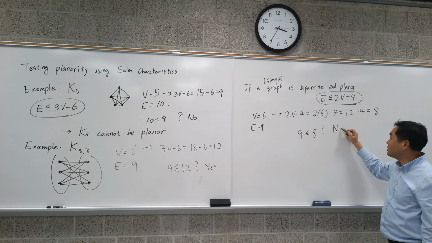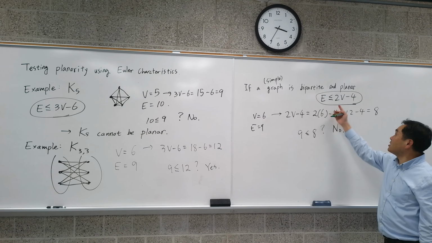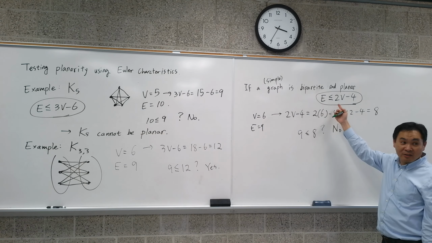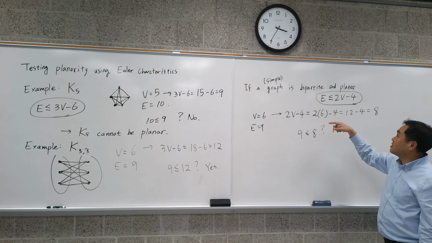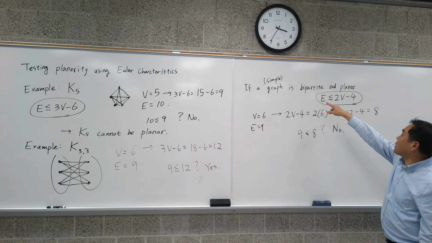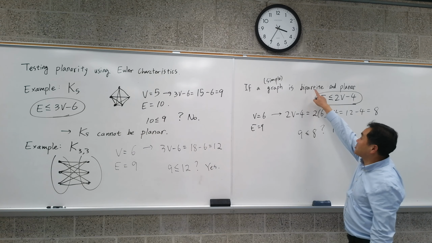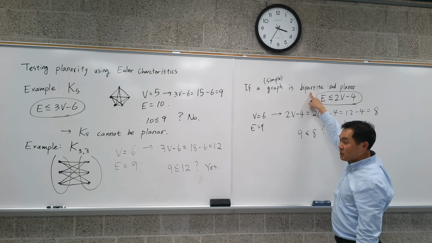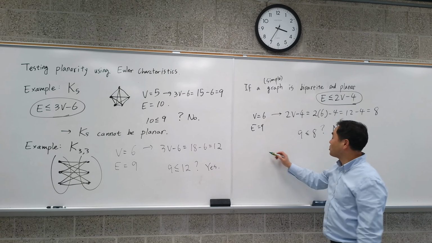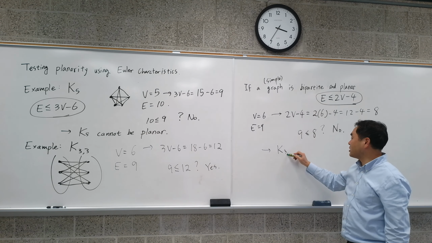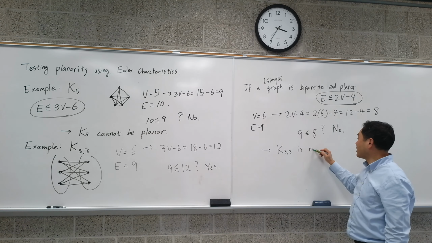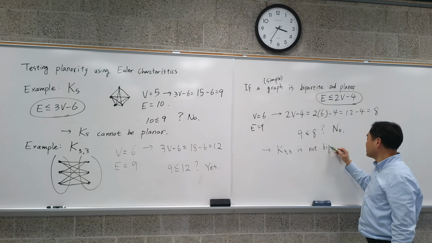No. So this inequality is violated, which means it can't be both bipartite and planar. Because we already know that it's bipartite, K33 is by definition bipartite, that means it can't be planar. Okay, so this shows K33 is not planar.